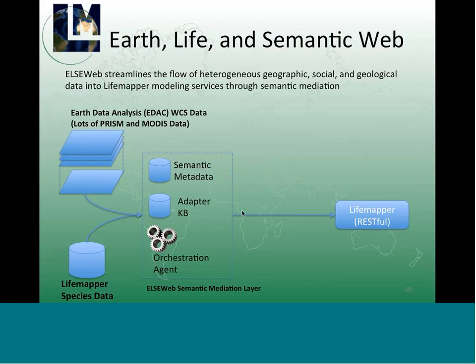And we are semantically reasoning over the metadata for both the services and the data to determine what types of data are appropriate and can be input from EDAC into the Lifemapper services. The semantic mediation layer is called SADI, and that stands for Semantic Analysis and Discovery Infrastructure, I believe.